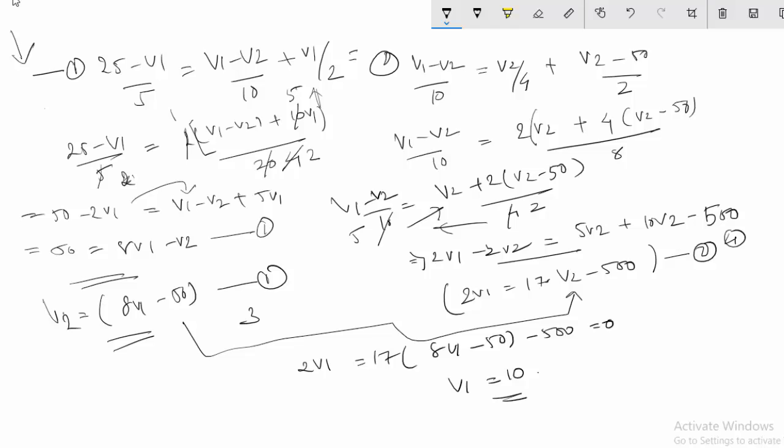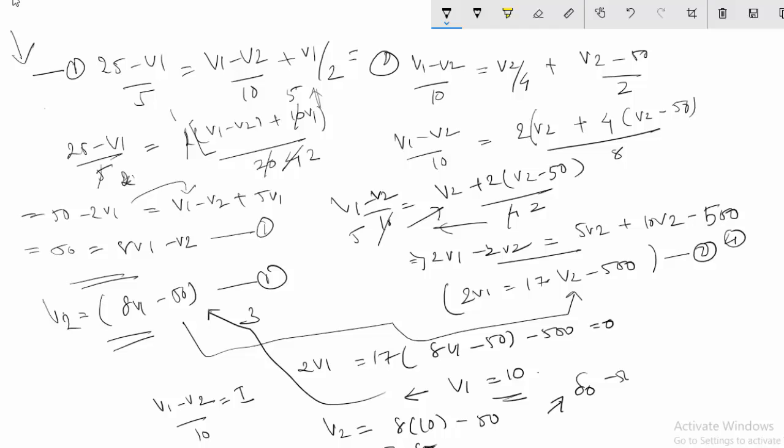And once you have got your v1, you know v1 minus v2 divided by 10 was your I, and if you are substituting your v1 here in this equation, you will get v2 is equal to 8 into 10 minus 50, which is equal to 80 minus 50 equal to 30.